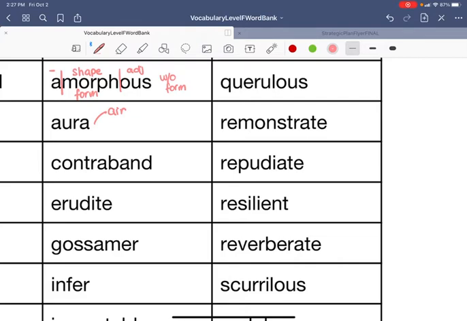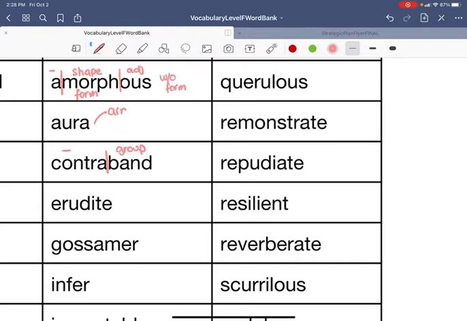Okay, the next word, contraband. So contra means against. And band could be an Italian word. It could also be a Spanish word. Band can mean a lot of different things. It could mean a band of things, I guess, like a group.